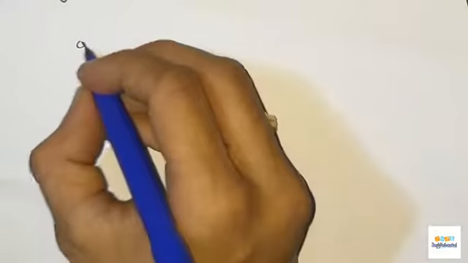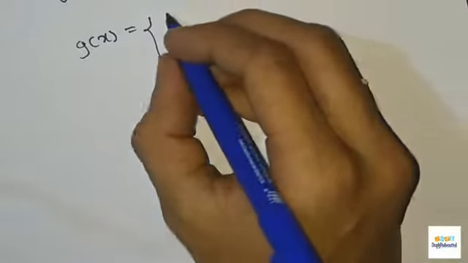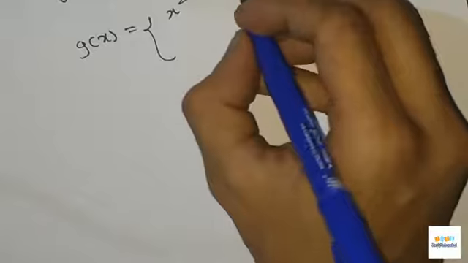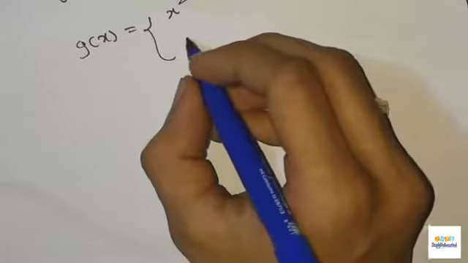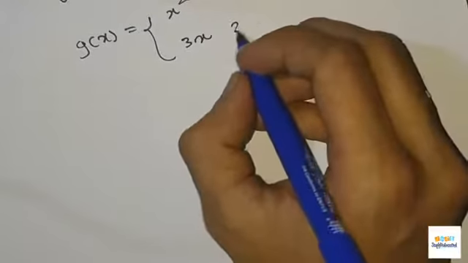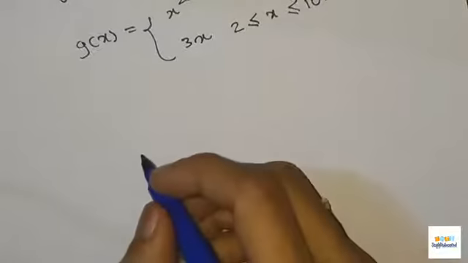Now let us look at the second relation, that is g(x) equal to x square where 0 is less than or equal to x less than or equal to 2, and 3x when 2 is less than or equal to x less than or equal to 10.